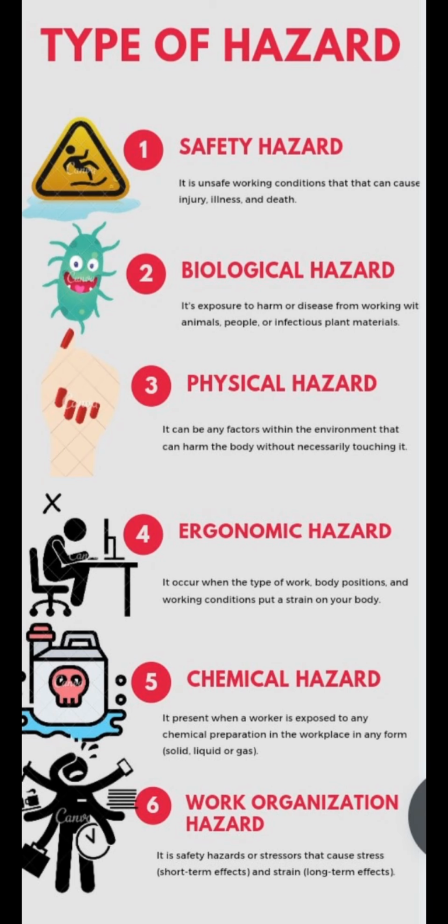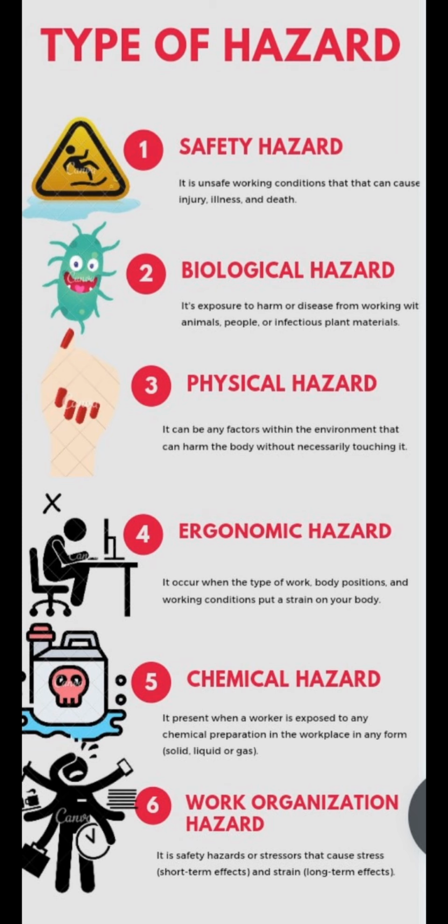Types of hazard. So the first type of hazard is safety hazard. When we say safety hazard, it is an unsafe working condition that can cause injury, illness, and death. Safety hazards include slips, trips, and falls, operating dangerous machinery, and electrical hazards.